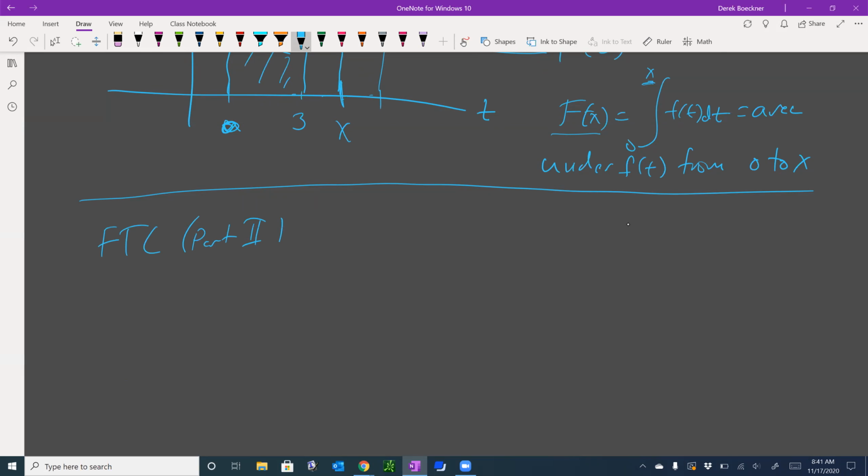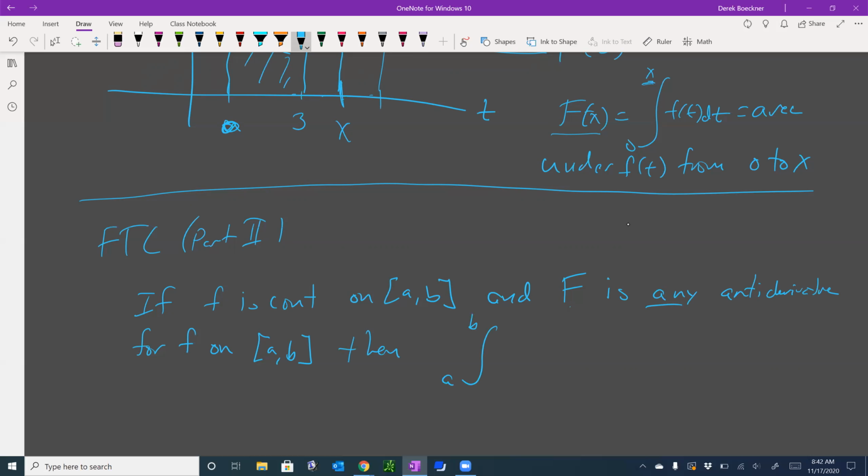And that says if f is continuous on [a, b] and F is any antiderivative for f on [a, b], meaning that the derivative of capital F is little f for every value in the interval, then the integral from a to b of little f of t dt is equal to the antiderivative evaluated at each of the endpoints and then take the difference.